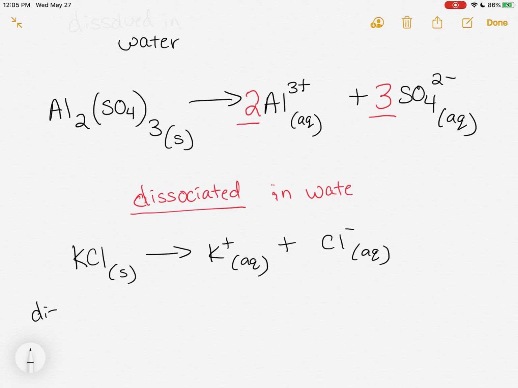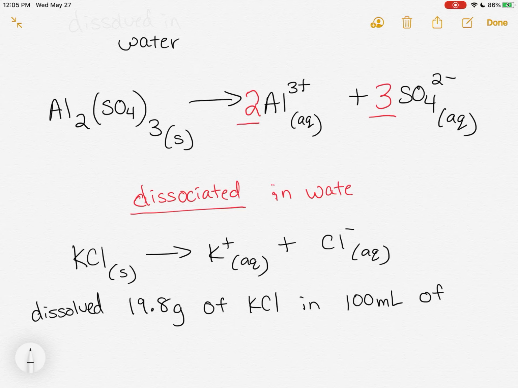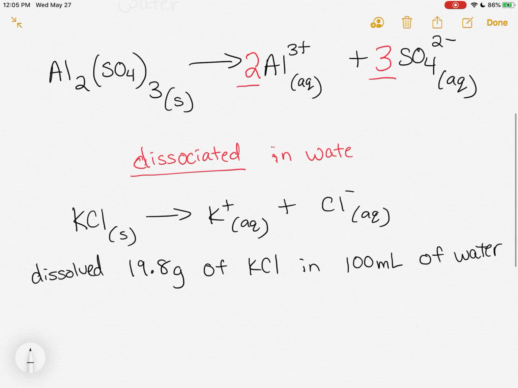Now, if we dissolved 19.8 grams of potassium chloride in 100 milliliters of water, I want to calculate the concentration of my potassium ion and the concentration of my chloride ion.